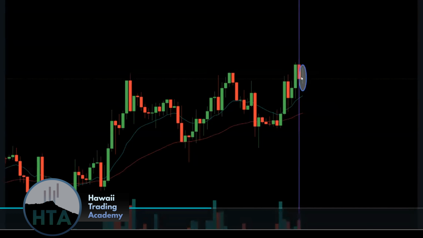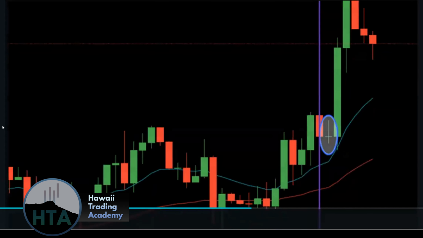But what this doji tells you is maybe a way for you to enter into the market, take a position in the market, right? Because what it's saying is, hey, the bears tried to fight it down, but it actually just closed and stayed at the level of the previous close. You can interpret it, it's all different, right? And you can use that as a signal to get in the market.